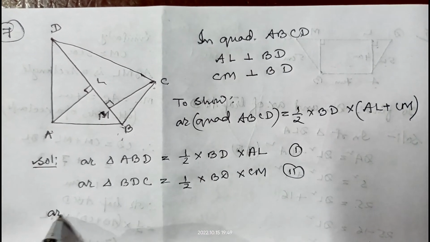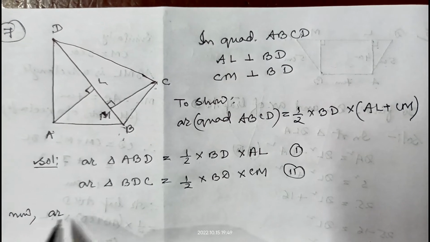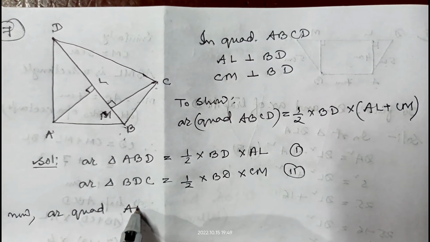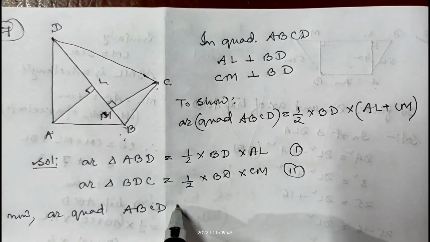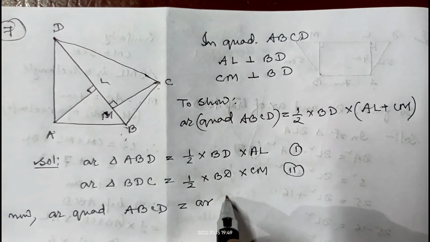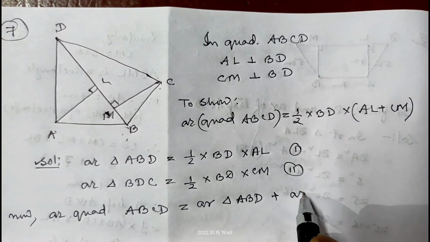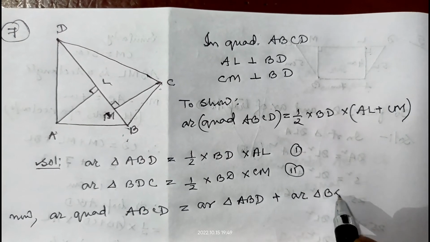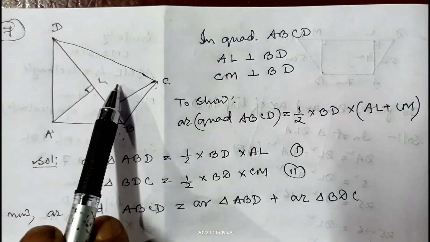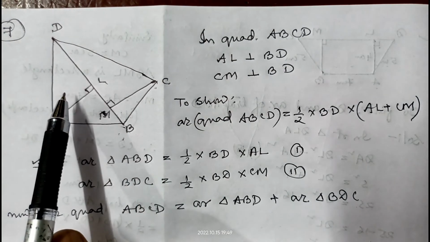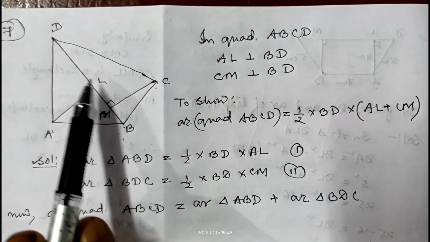Now we can write area of quadrilateral ABCD as area of triangle ABD plus area of triangle BDC. So area of the whole quadrilateral will be area of triangle ABD plus area of triangle BDC.